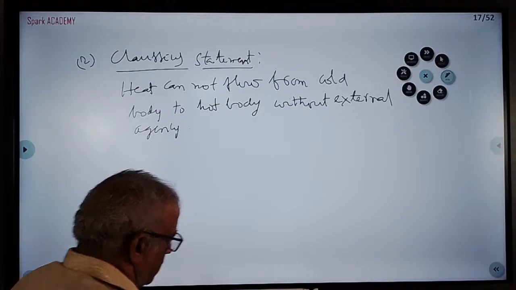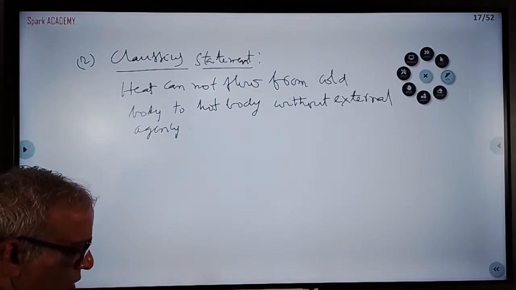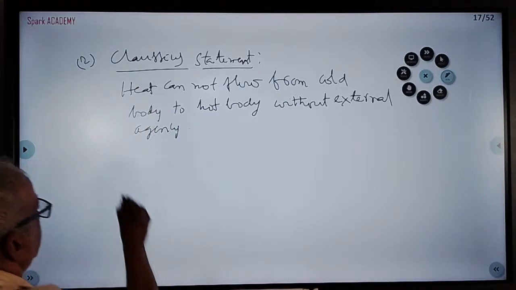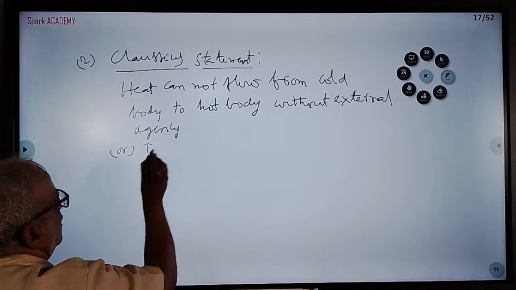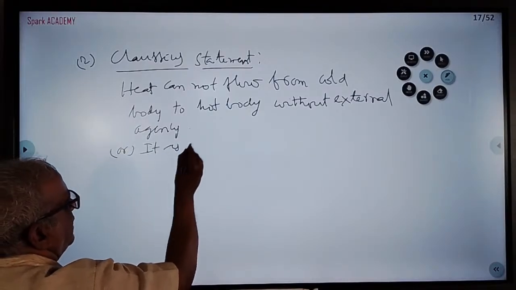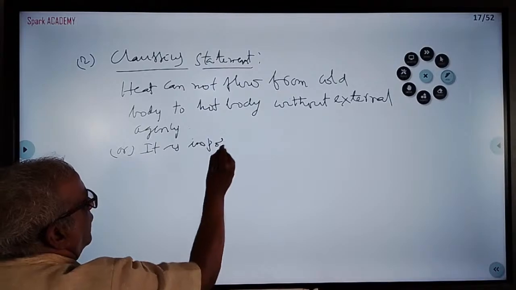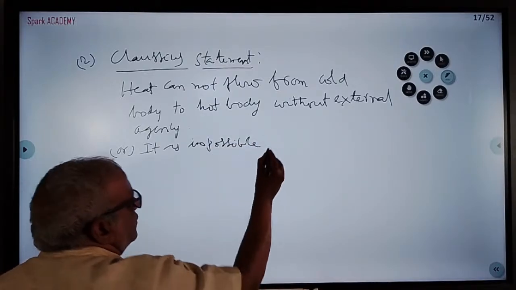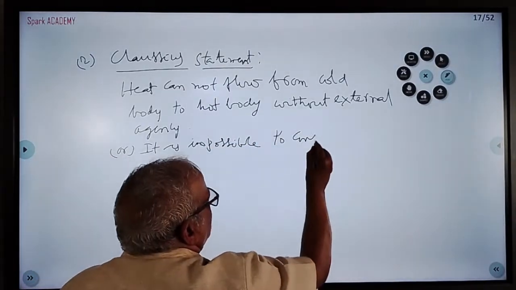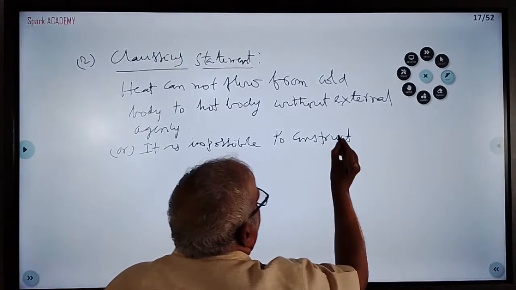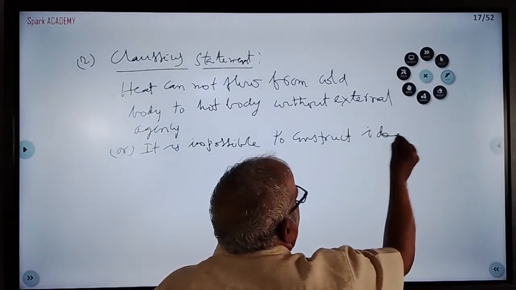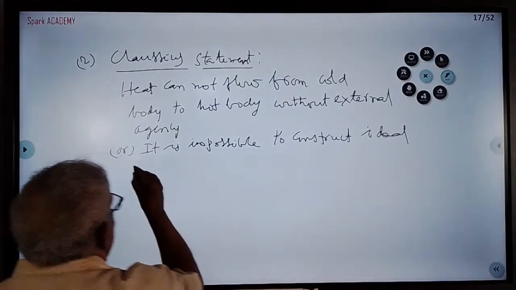It is impossible to construct an ideal refrigerator. You can write the statement either way. You know the refrigerator at home you are seeing.